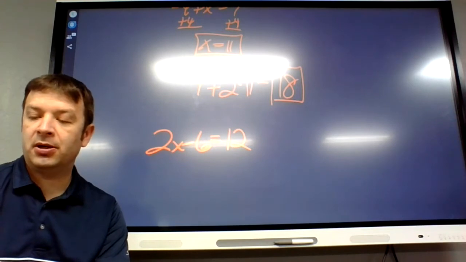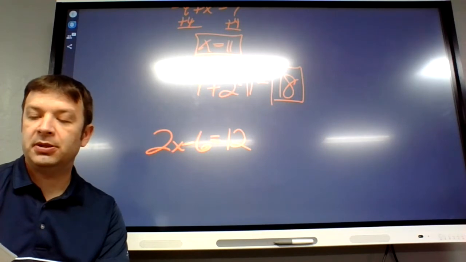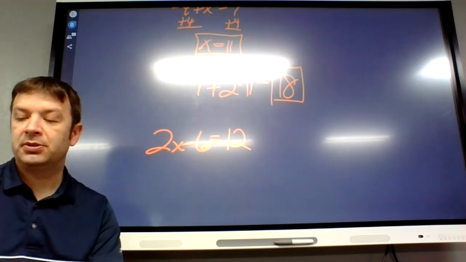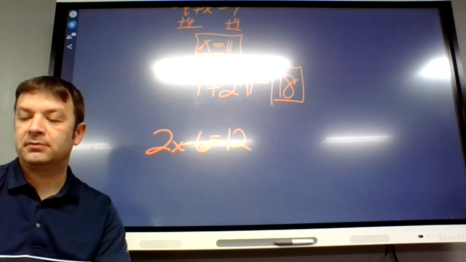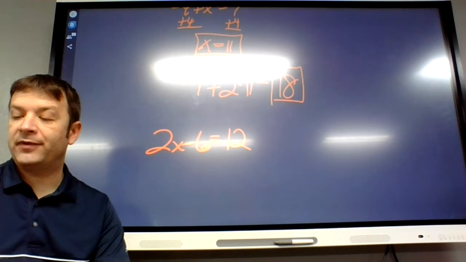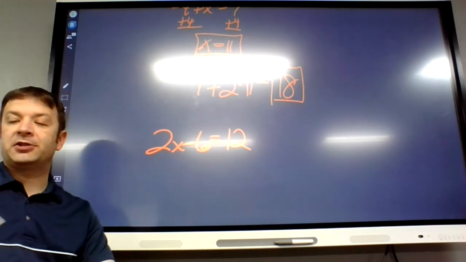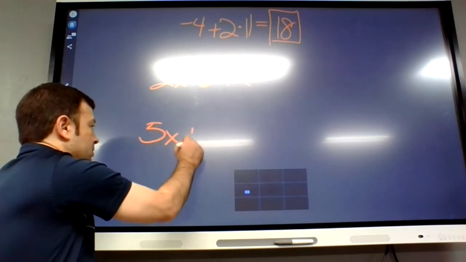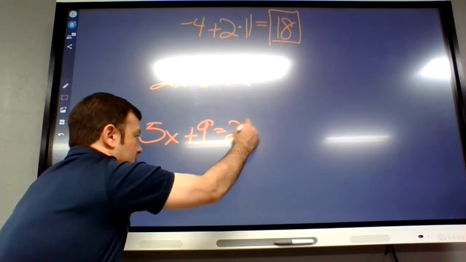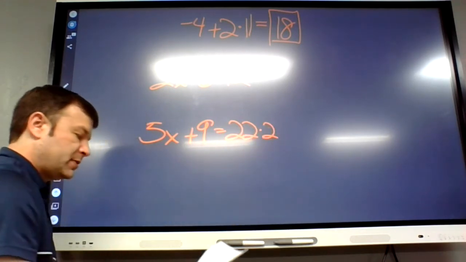How are ER and TR related? ER times 2 equals TR. Do you guys see where I got that from? ER is only half the diagonal, so if you multiply it times 2, that should equal TR. So 5x plus 9 equals 22 times 2. So you gotta be a little bit careful on those.